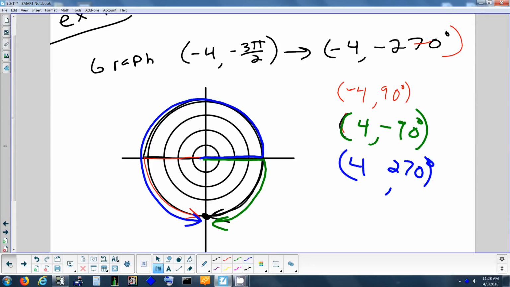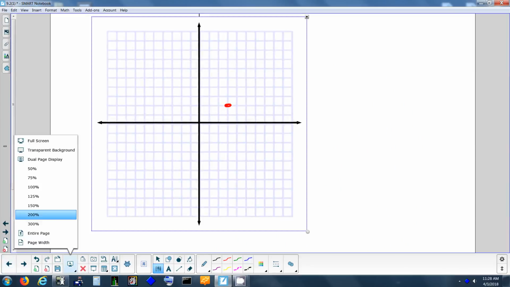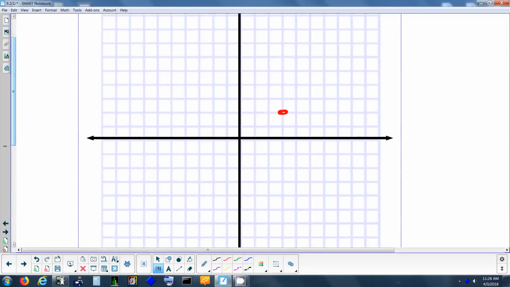Now, if we go back to just the way you guys are used to graphing, that point right there. What's the coordinate of that point? 3, 2. Can you give me another coordinate that would still get me to that same spot?